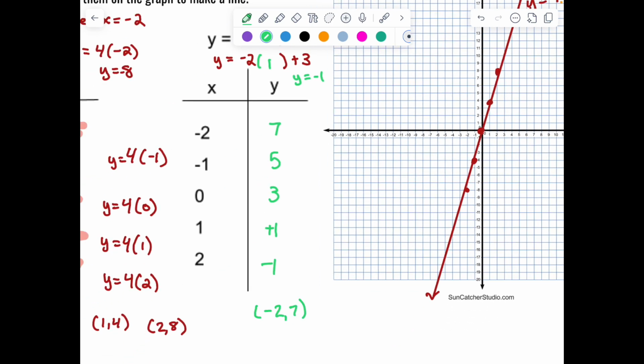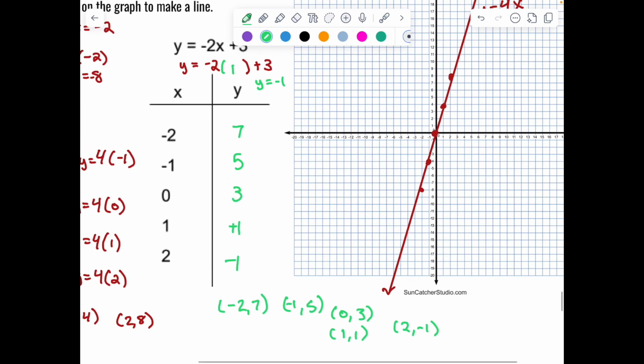I'm plotting the points (-2, 7), (-1, 5), (0, 3), (1, 1), and (2, -1).